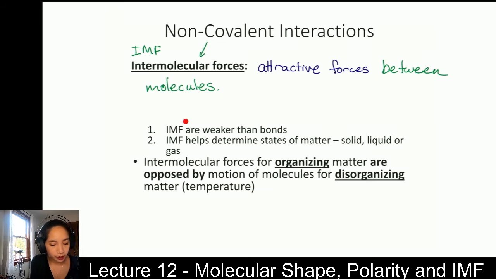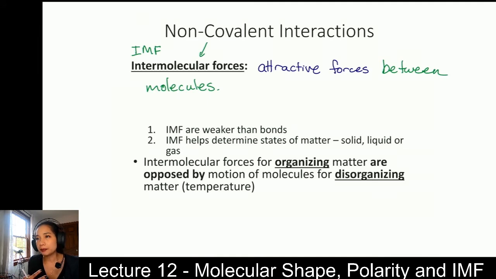Because intermolecular forces are between molecules, they're a lot weaker than bonds. Remember, bonds are what hold atoms together to form the molecule you want. Intermolecular forces are different.